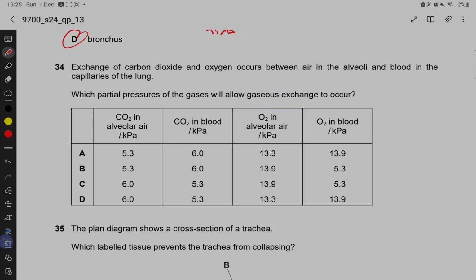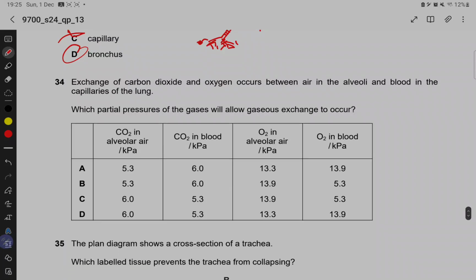Exchange of carbon dioxide and oxygen occurs between air in the alveoli and blood in the capillaries of the lung. Which partial pressures of the gases allow gaseous exchange to occur? So basically you want, like a previous question, CO2 to be more in the blood and less in the lung.